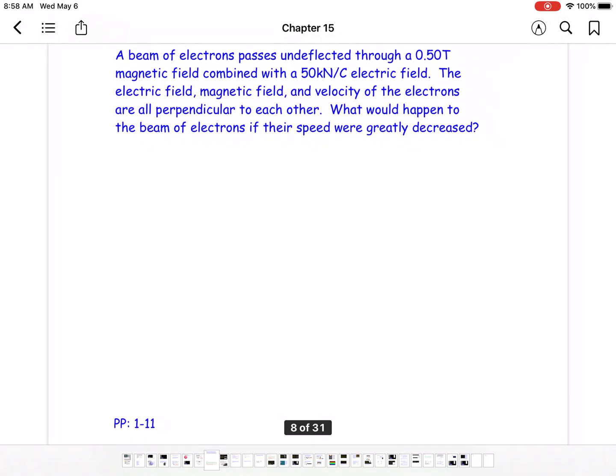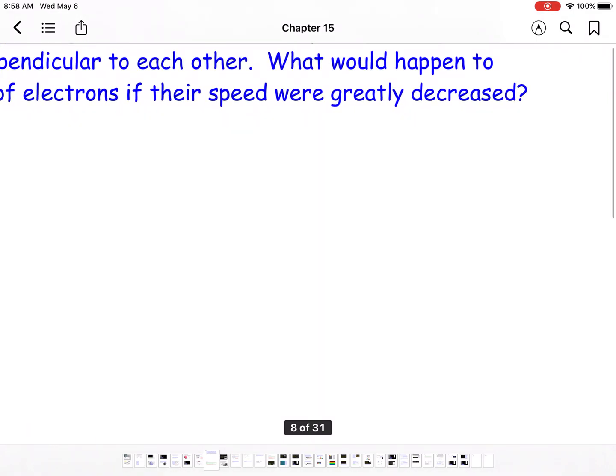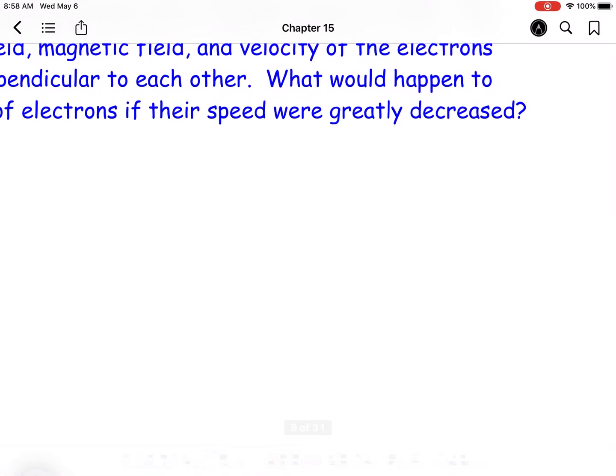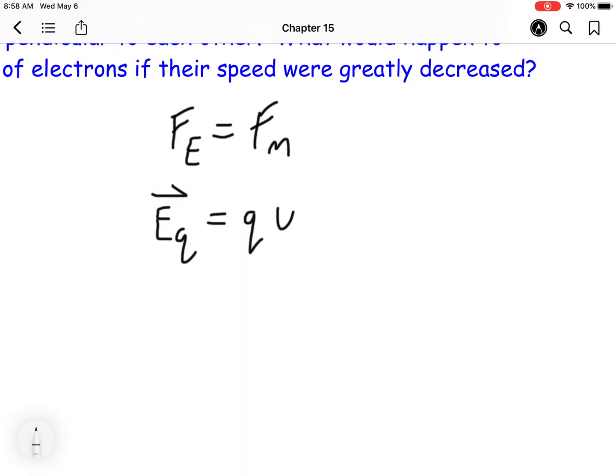What we have is the electric force equals the magnetic force. The electric force is EQ, and the magnetic force is QVB.